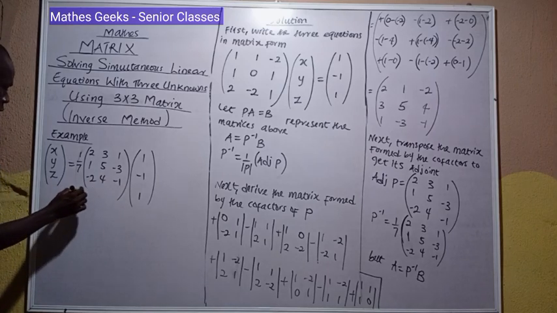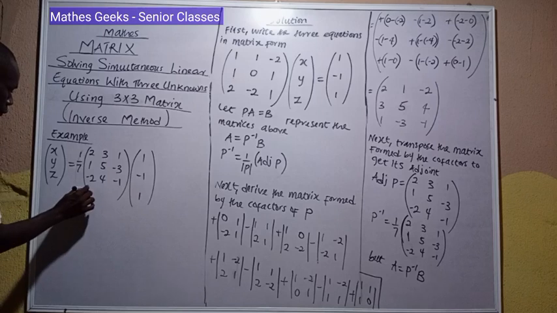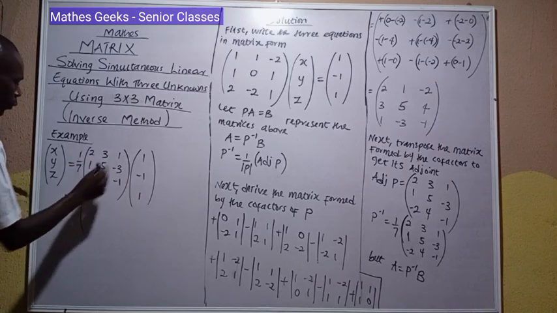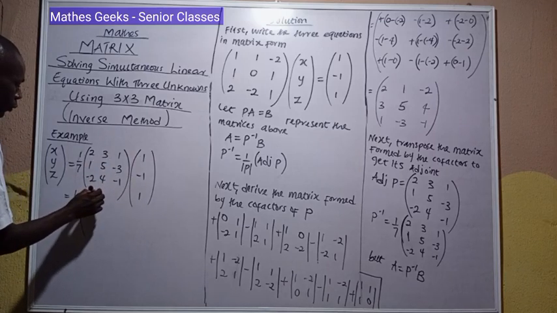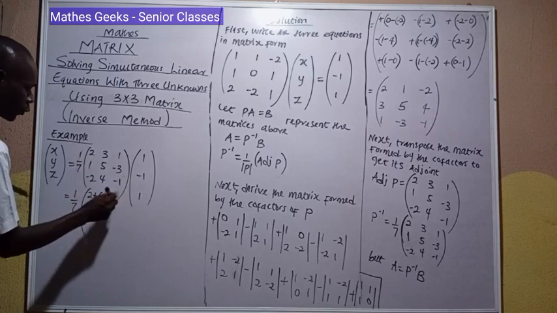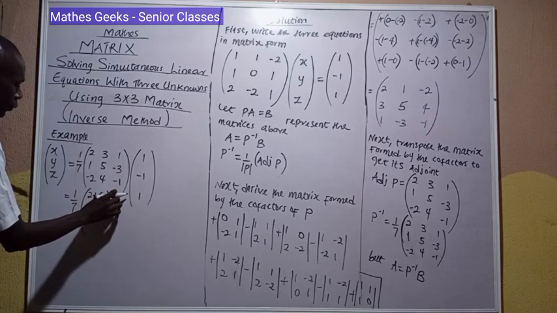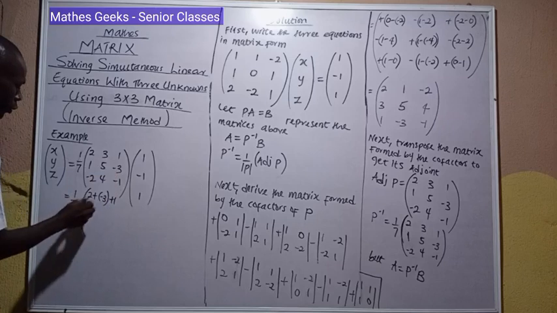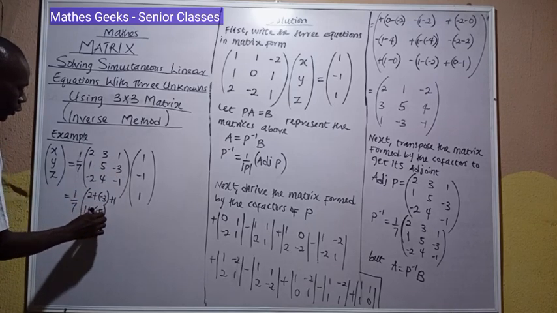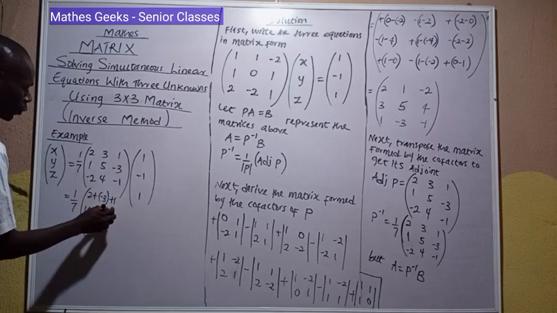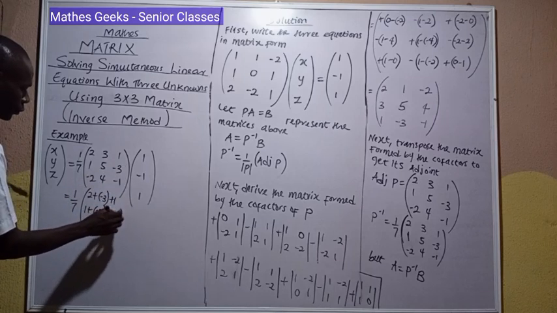This will give us 1 over 7. 2 times 1 gives us 2, plus 3 times minus 1 is minus 3. And 1 times 1 is plus 1. And 1 times 1 is 1, plus 5 times minus 1 is minus 5, plus minus 3 times 1 is minus 3.